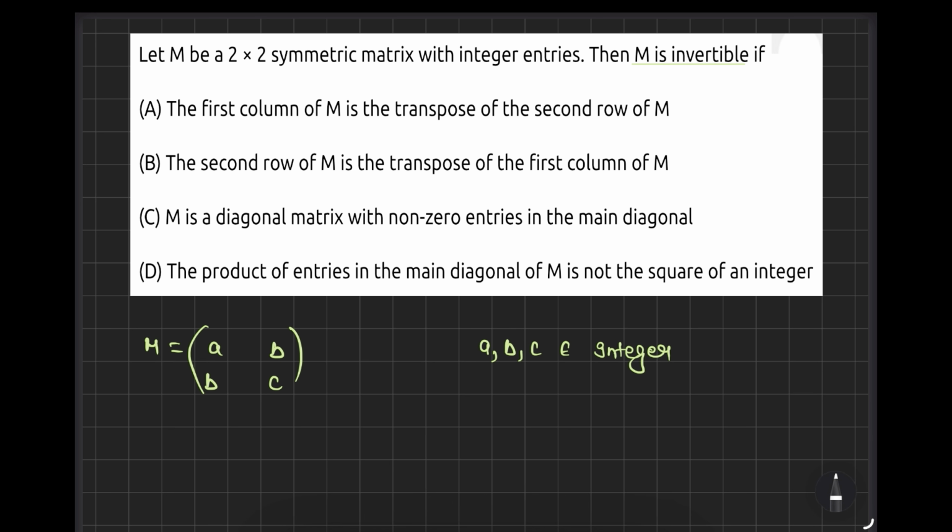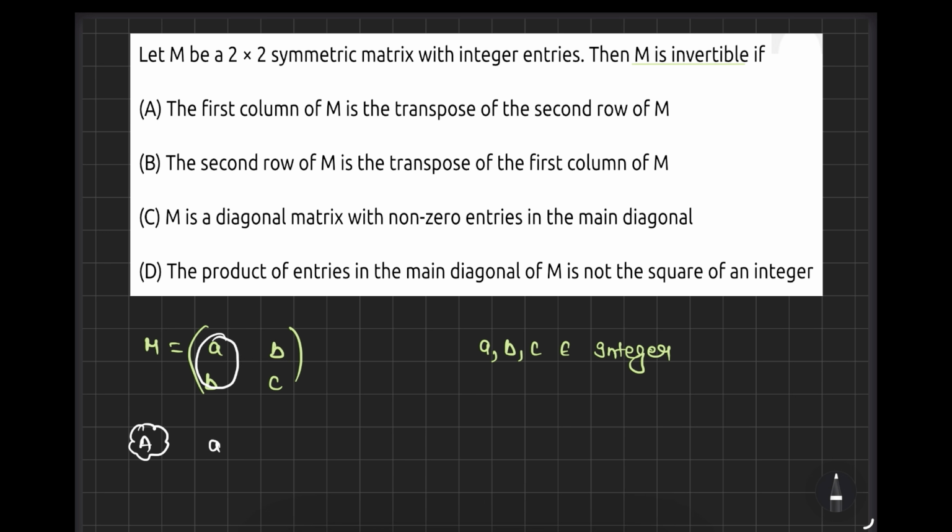So first focus on option number A. The first column of M is the transpose of the second row of M. Okay, so first column of M is A, B. This is not column, this is row.